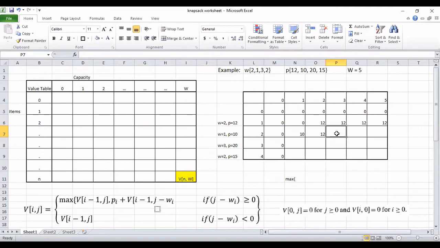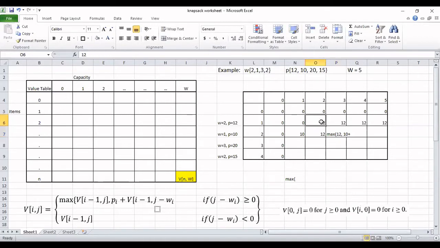With respect to the equation here, J is 3 and Wi is 1. So 3 minus 1 is greater than 0, therefore we go for maximization. The maximum of, without considering the item, the previous cell value 12, and the current item's price 10 plus V of I minus 1, J minus Wi, which is 12.